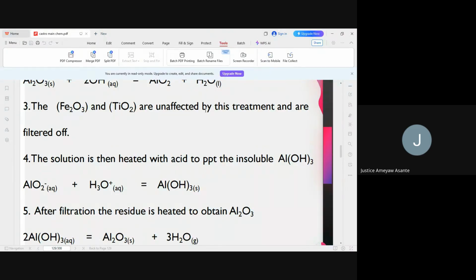So we can now filter off the iron oxide and titanium oxide. Here, in the first stage, we have been able to remove the iron oxide and titanium oxide. What remains in the solution is going to be the silicates and the aluminate. The solution is then heated with acid to precipitate insoluble aluminum hydroxide.